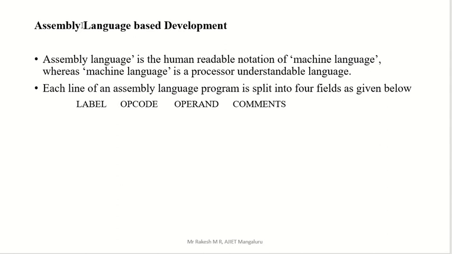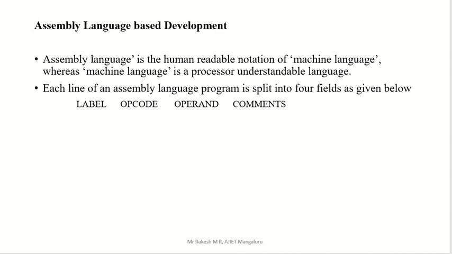Assembly level language is a human readable notation of machine language. A human can read assembly language, but cannot read machine language, because machine language is in binary format.